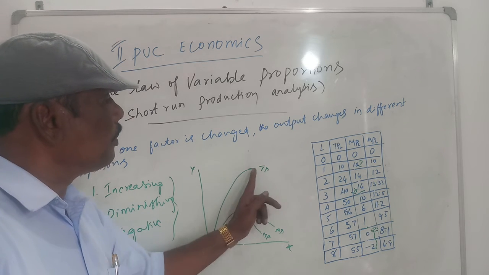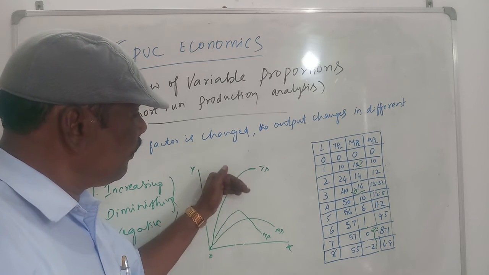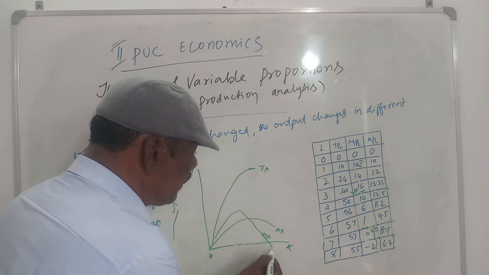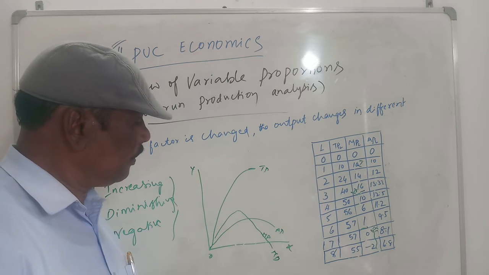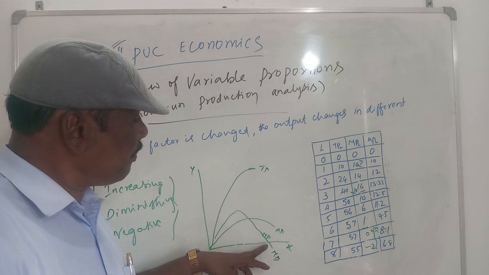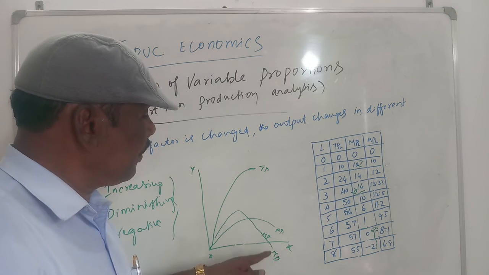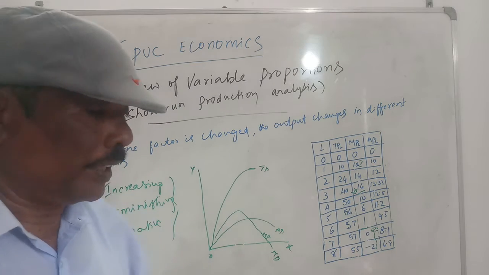So these are the 3 curves drawn here, which indicate the total product curve. The total product curve slopes positively, then it reaches a maximum point. When MP becomes 0, it reaches the maximum point. Then when it becomes negative, the total product curve starts falling.